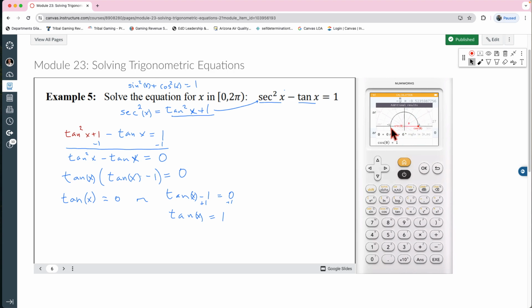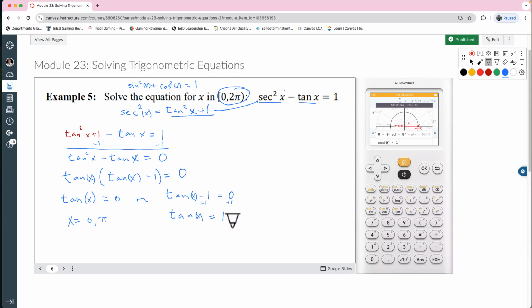So it won't include this pi over here. However, if we put in pi, tangent of pi, that's also going to be 0. So we have to remember, and that's from looking at the unit circle. So in this case, we get that x equals 0 and pi. Okay, and we don't have to add because we're sticking between 0 and 2 pi. We don't have to add 2 pi's to these. It's not all the solutions.